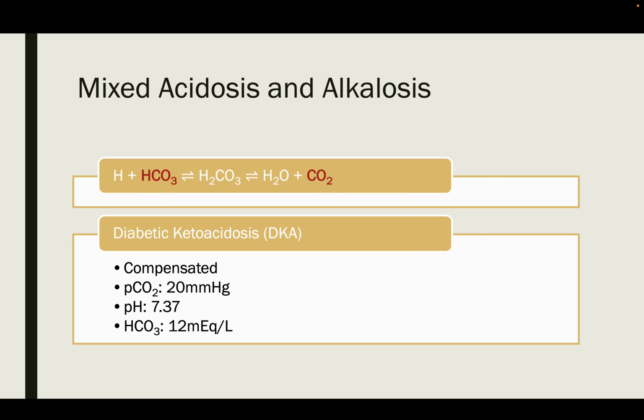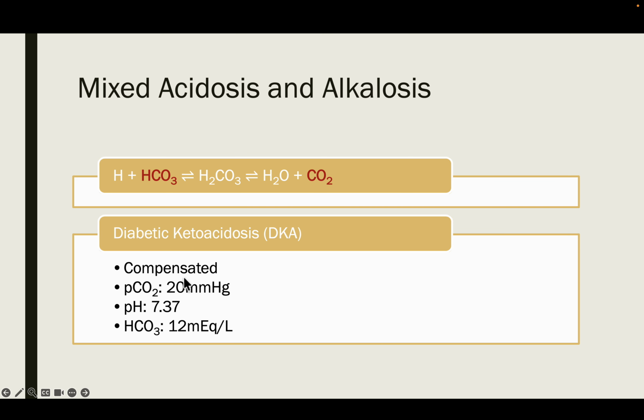We've got DKA, a diabetic ketoacidosis, which is a metabolic acidosis. So the primary culprit is bicarb. The primary culprit is the metabolic side. So we see a HCO3, a bicarb level, of 12. That's far too low. So that's going to put the patient into an acidotic state and pull that pH down, and then the body is going to automatically compensate by blowing off carbon dioxide.